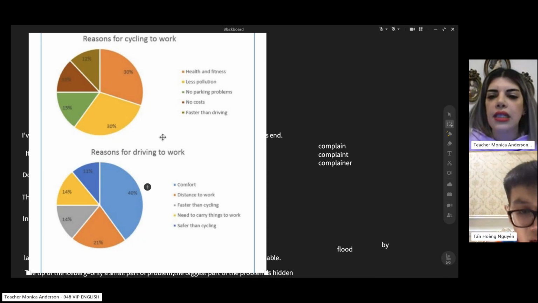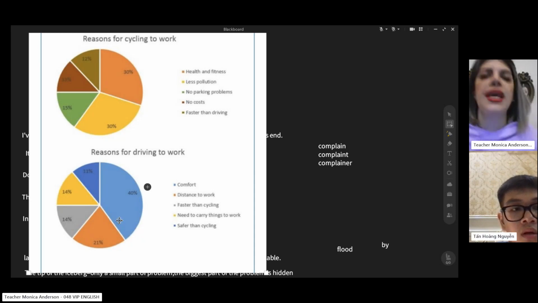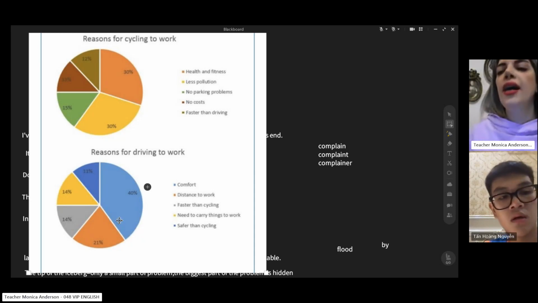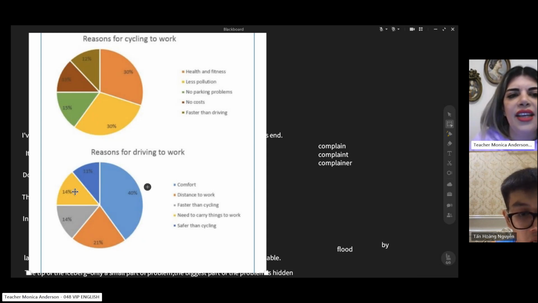Teacher, the faster than cycle is just about 14%. Okay, so let me say, almost equal proportion. So let me check. Let's check together. So faster than driving, we have this color about 12%. And we have faster than cycling here about 14.